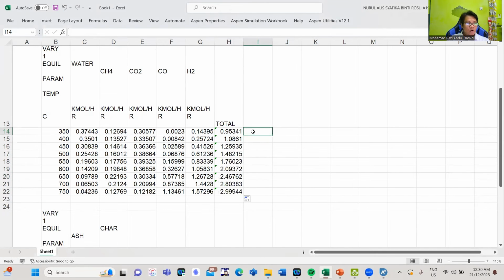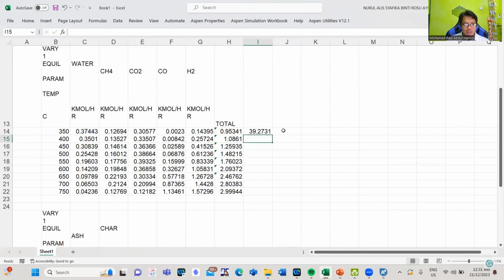And then composition, how can I do this? It's basically this guy divided by this guy, with the dollar sign, multiplied by 100.